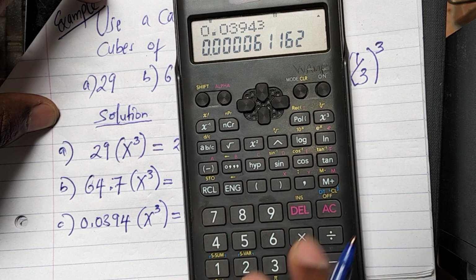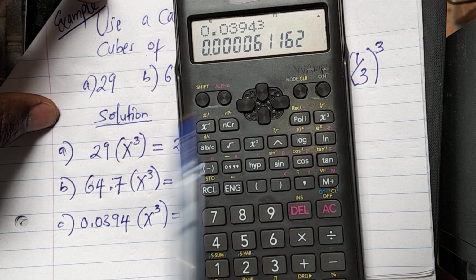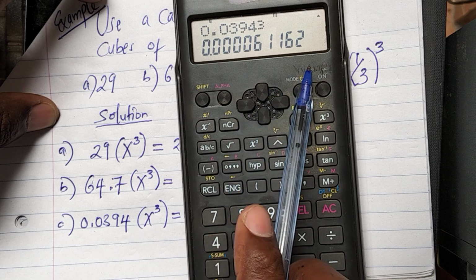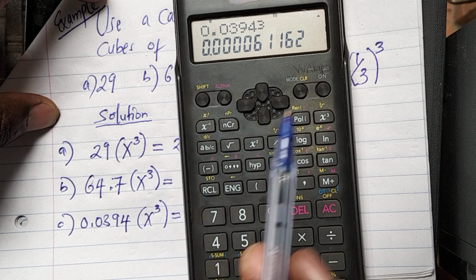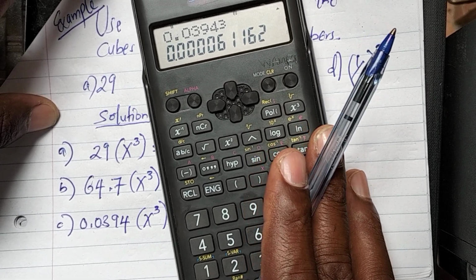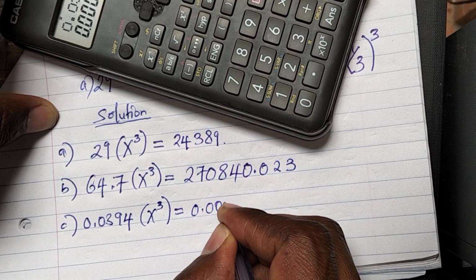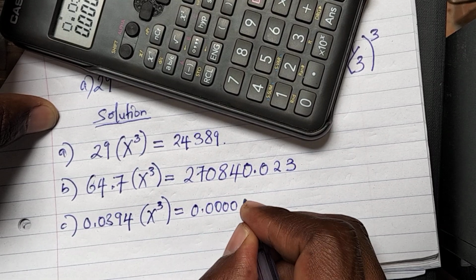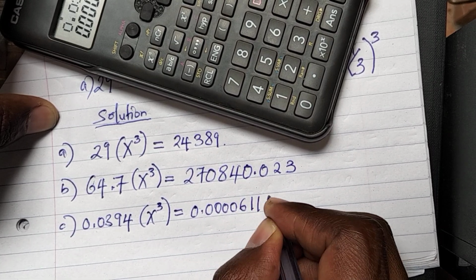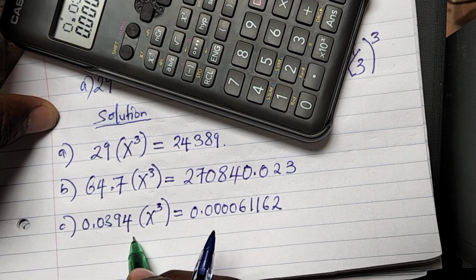We have 0.1, 2, 3, 4 zeros, then 61162. Some calculators will give you 6.1162984 times 10 power negative 5.